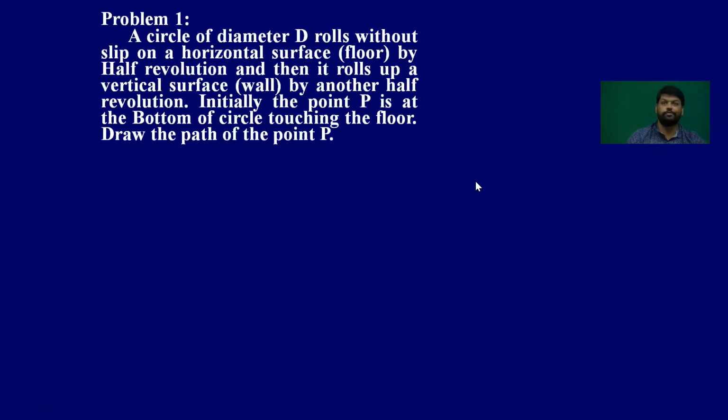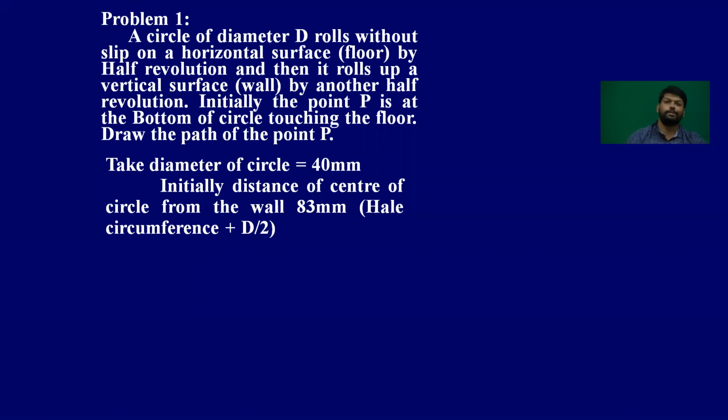For example, if you take one more, different problem, the statement is: a circle of some diameter is rolling on a horizontal surface by a half revolution, then it rolls up a vertical surface another half revolution, the point P at the bottom of the circle touching the floor, draw the locus of the point.